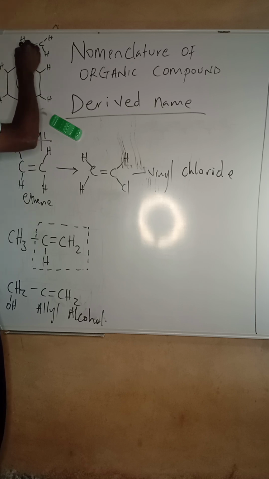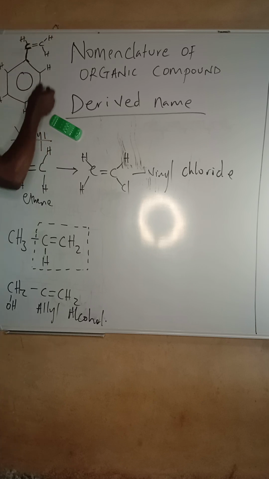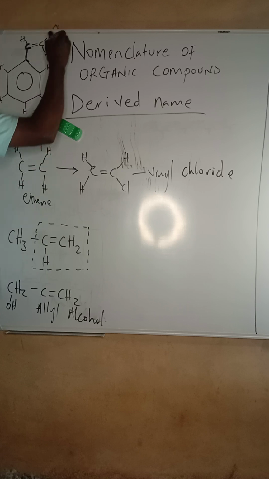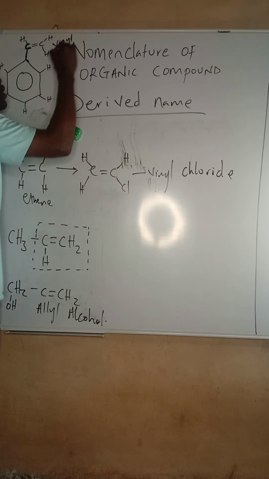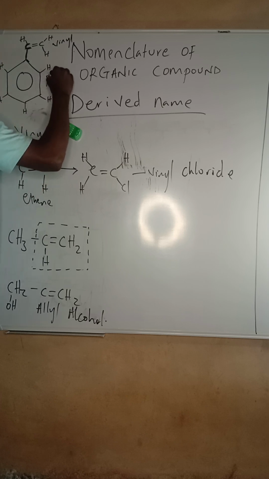If the hydrogen is lost and what is replacing it is an ethylene group like this, then this is the vinyl aspect and this is the phenyl aspect. Why is it vinyl? It is vinyl because the hydrogen attached to the double bond has been substituted, this time by a phenyl group.